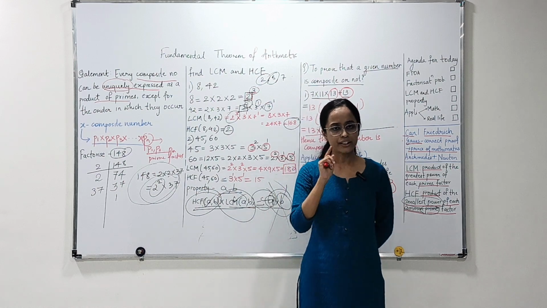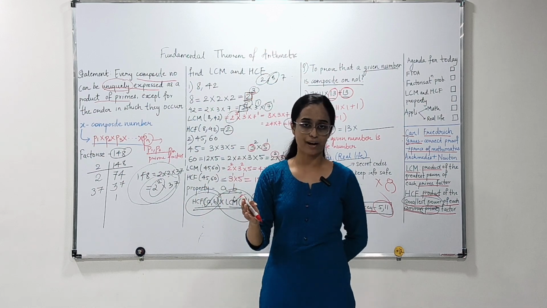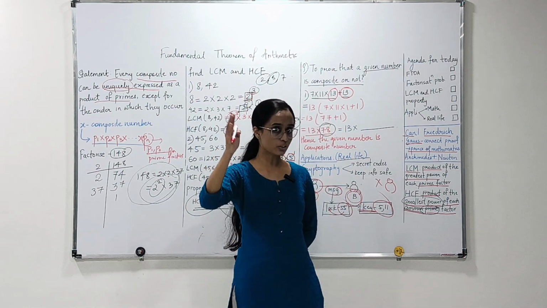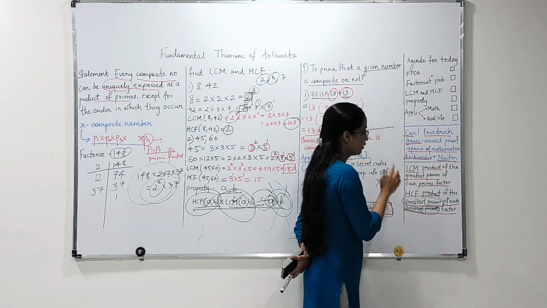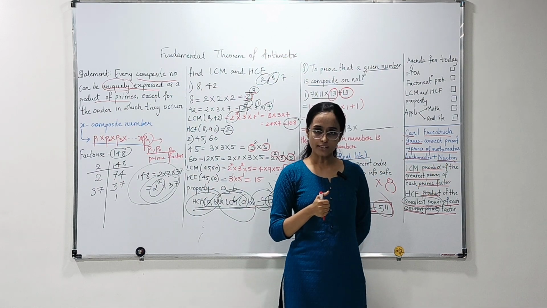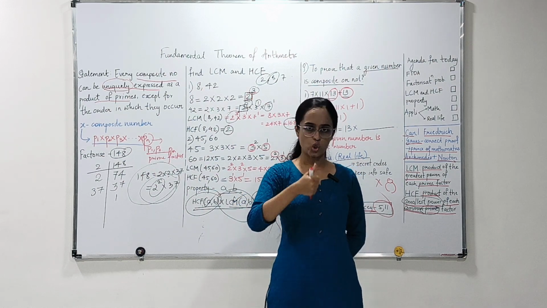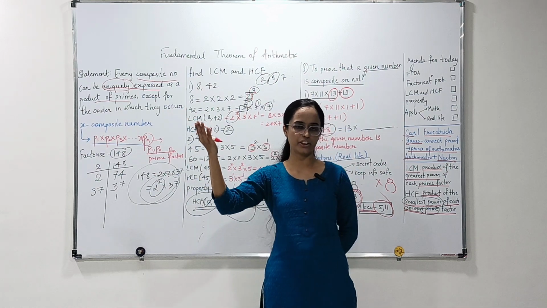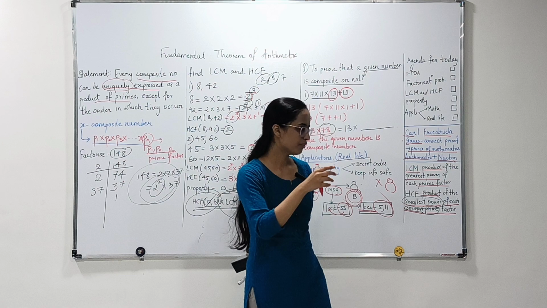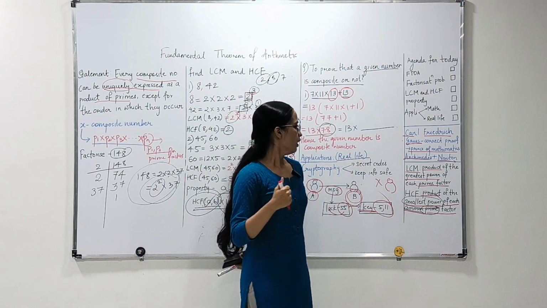He is one of the three great mathematicians of his times, out of which we have Archimedes and Newton. So Gauss, Archimedes and Newton are the three great mathematicians of their time, out of which it is Gauss who has given the correct proof for this theorem.